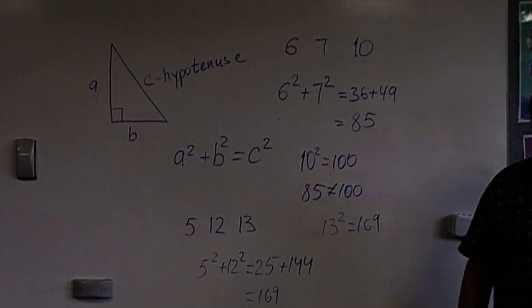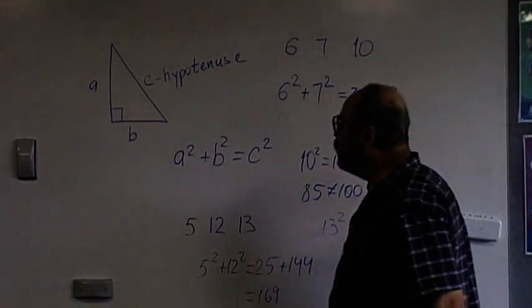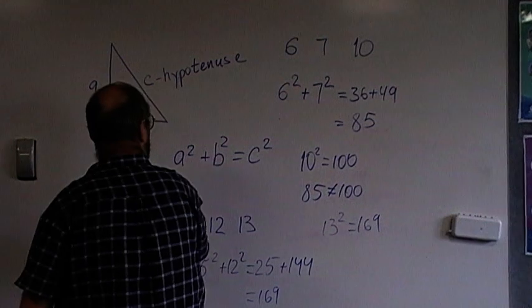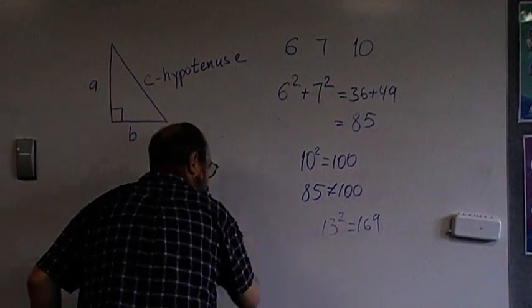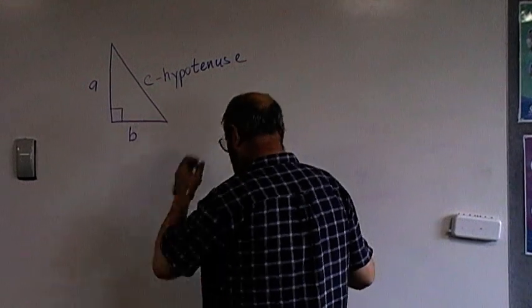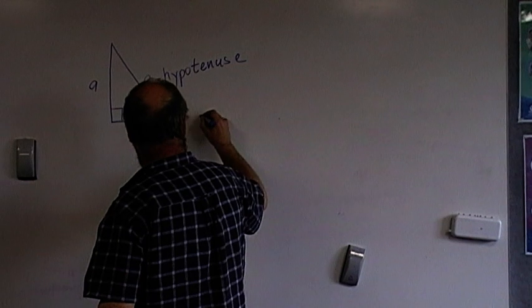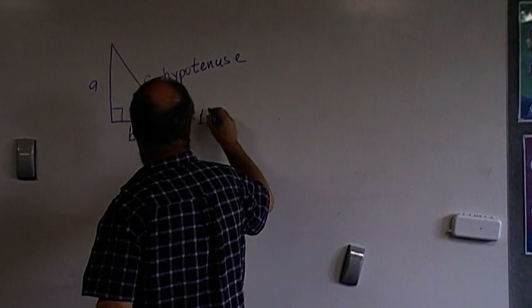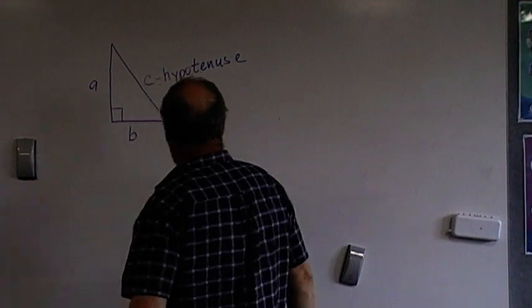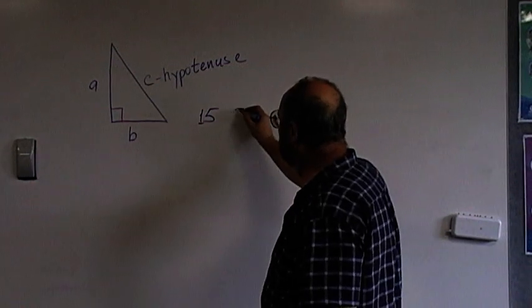Okay, now let's use Pythagoras theorem to find the hypotenuse, the longest side. For example, the shortest sides given are 15 and 20.